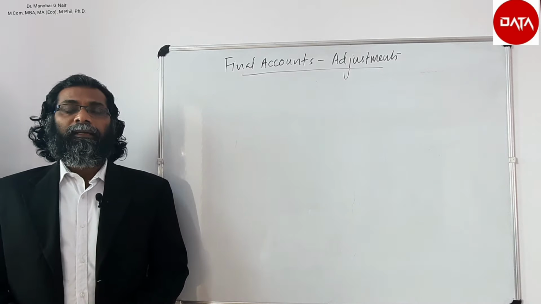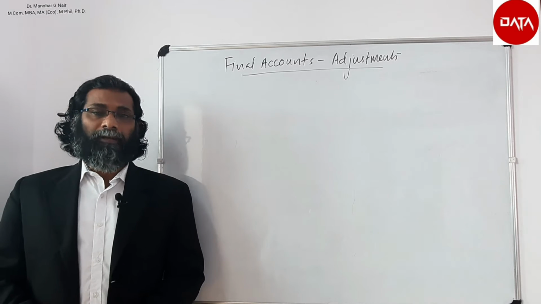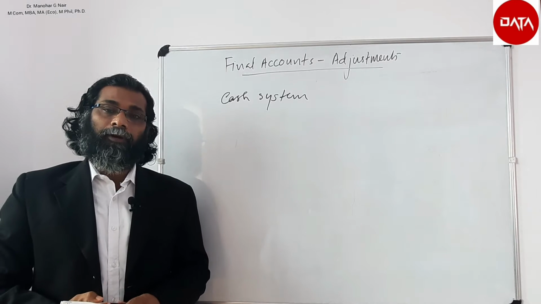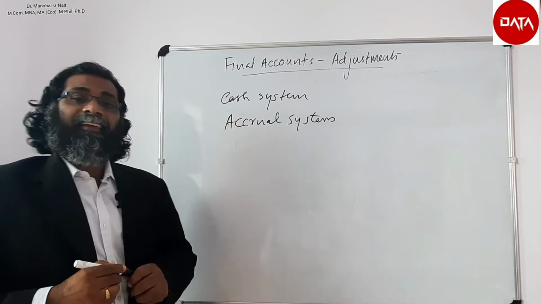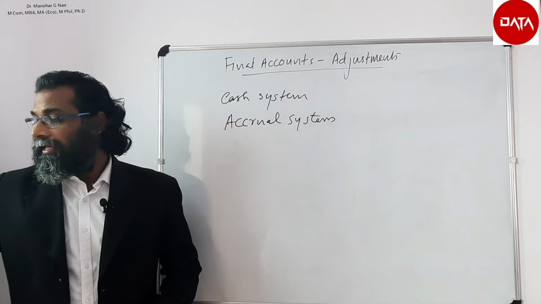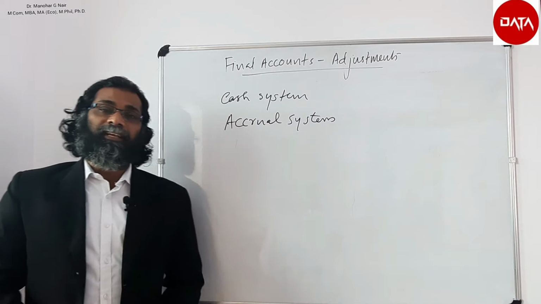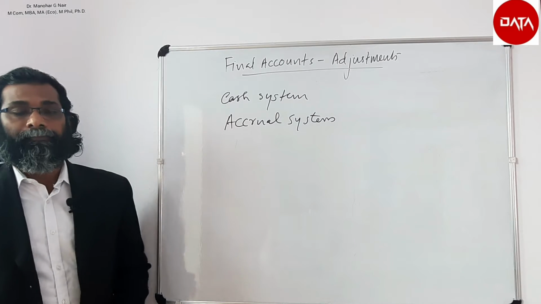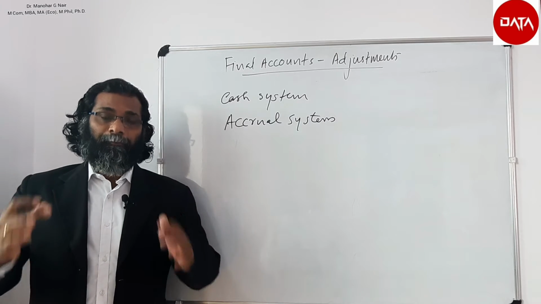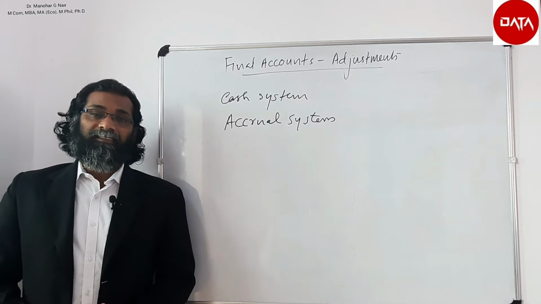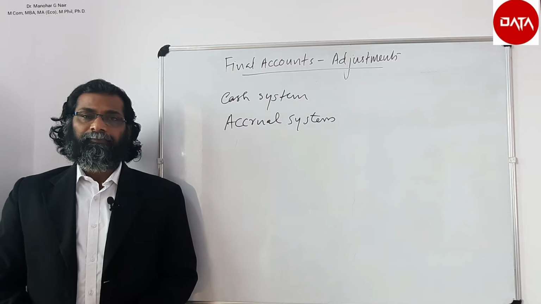Before that, there are two systems of accounting: cash system of accounting and accrual system of accounting. In the cash system of accounting, the actual cash received and paid, the actual receipt and payment, will be considered for accounting purposes.